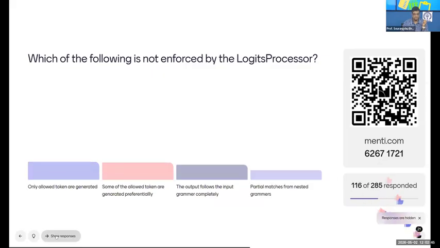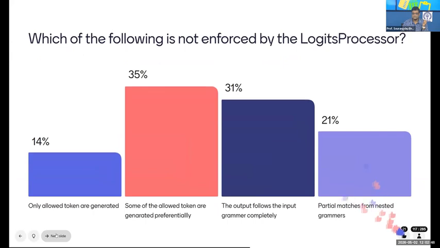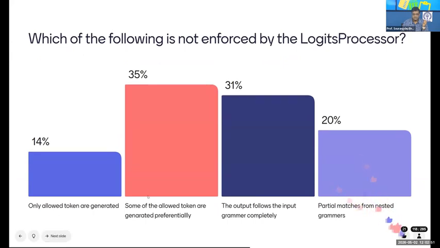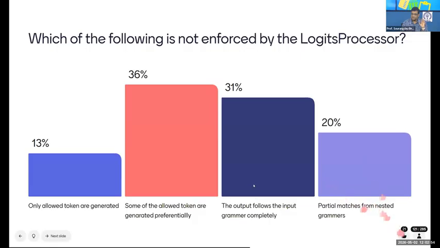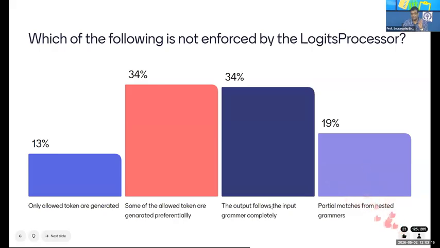So I think many of you have answered. Let us see the responses. I think you have got the answers almost correctly. The main thing is that this completeness is not allowed, right? At every decoding step, it is checking whether the prefix matches or not.